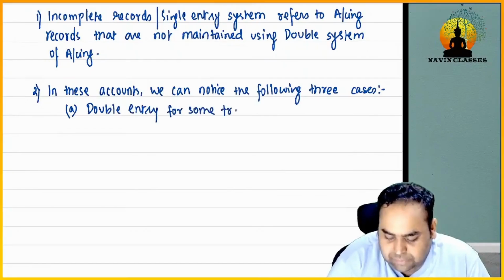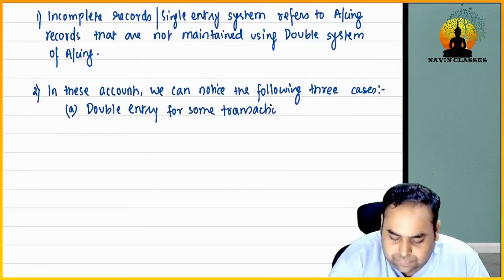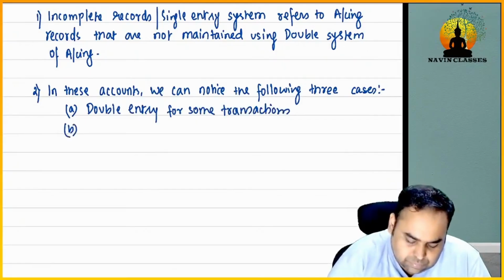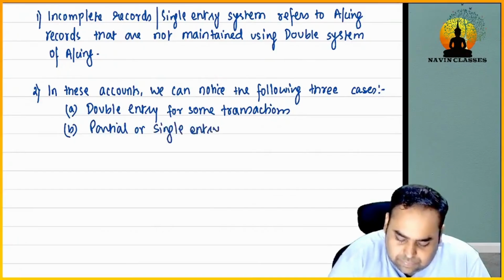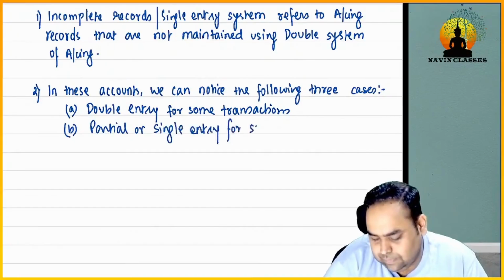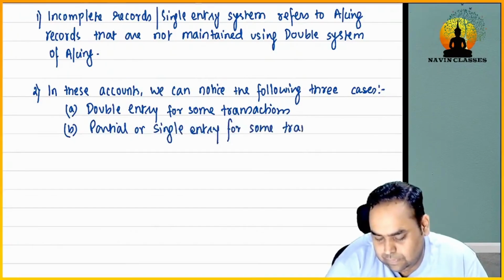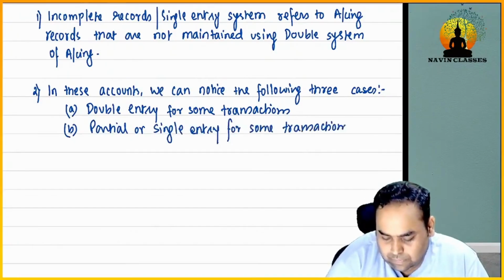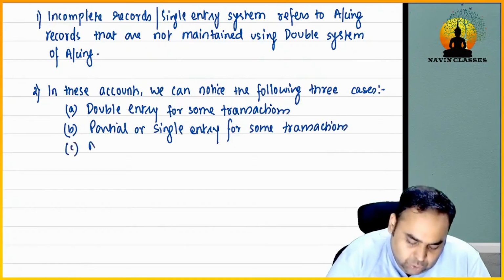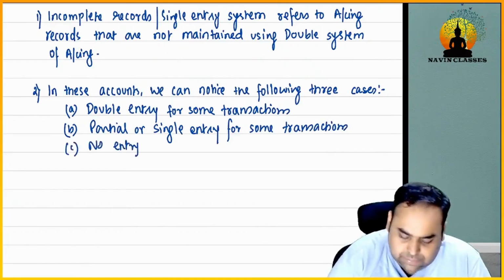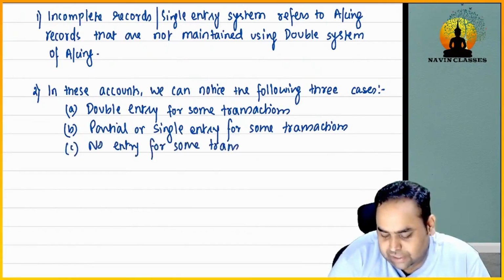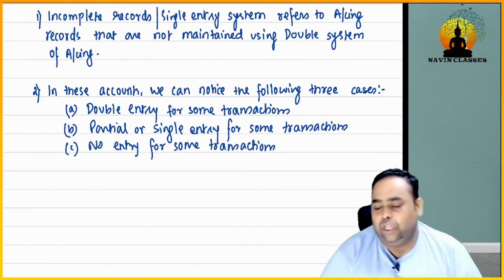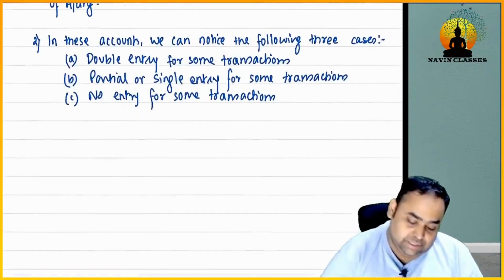Part B, partial or single entry for some transactions. Point C, no entry for some transactions.